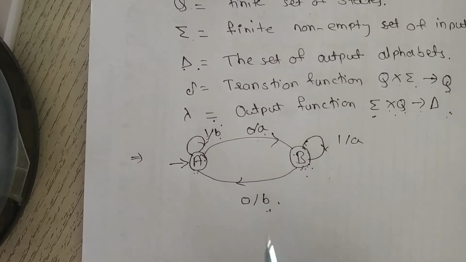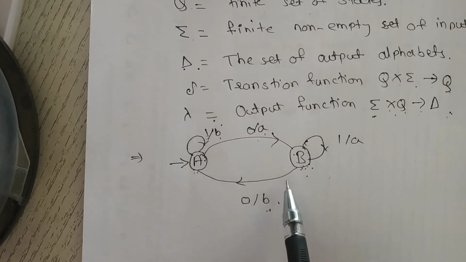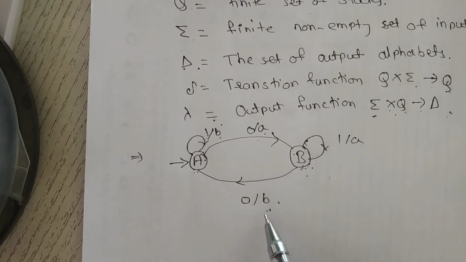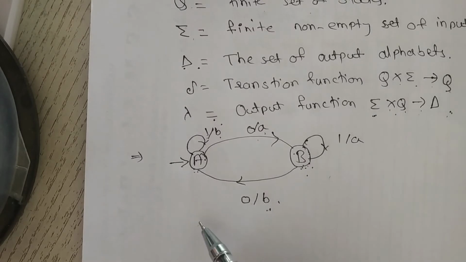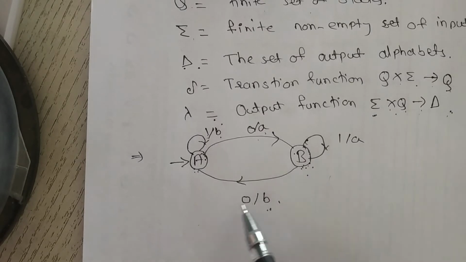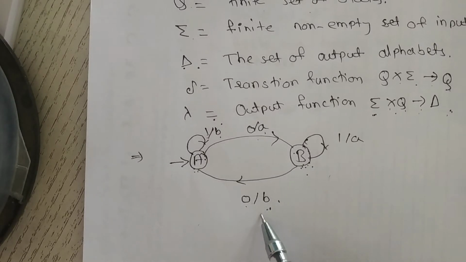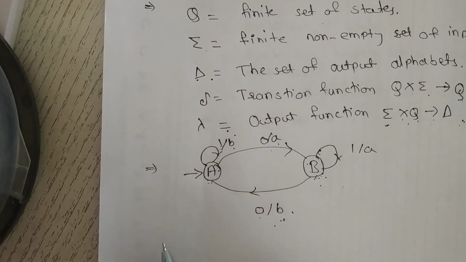We get the small b when it goes from this state with input 1, and this b is defined by state A with input 0, and this also leads to the next state and then completes with this 0 and produces the b output. So let's move on to the Moore machine.